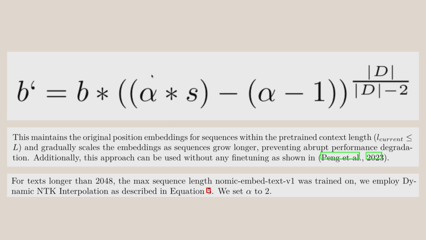And so here you have 2 times your S value, which is 4, so this is 8. 8 minus 1 is 7, and 7 to the power, whatever this power is based on the dimension, times your base, gives you your modified theta. So I'll just highlight here, it gradually scales the embeddings as sequences grow longer, preventing abrupt performance degradation. And that gradual scaling is very, very small. So that was really interesting to see how such a small difference can impact the performance in such a big way.